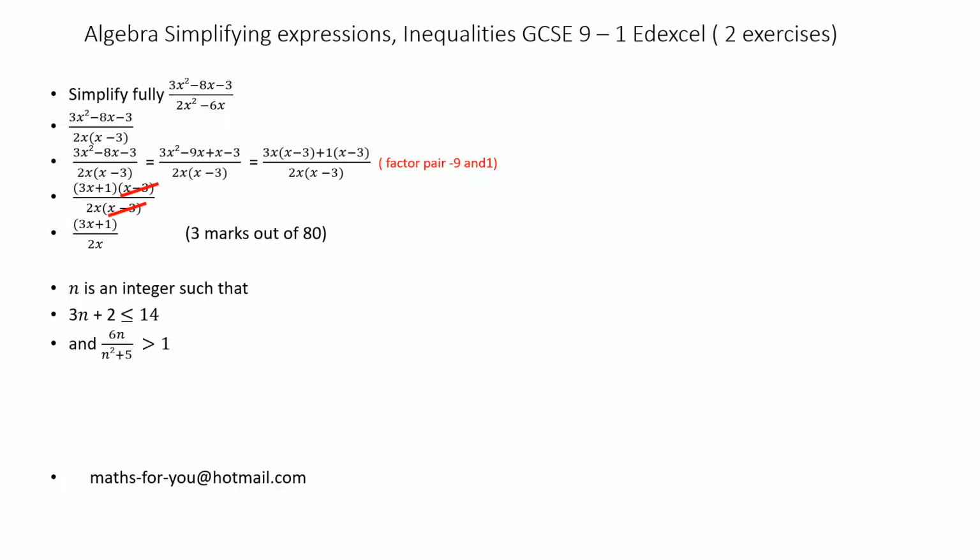Find all the possible values of n. Now the 'and' is important, because the solution must be true for both inequalities. So there has to be a test to see if they satisfy both inequalities. Does that make sense?